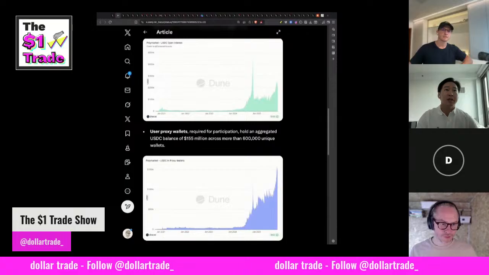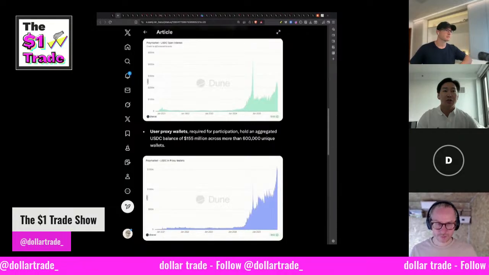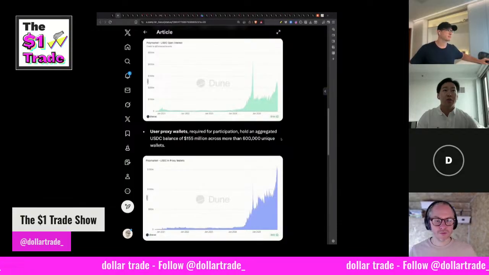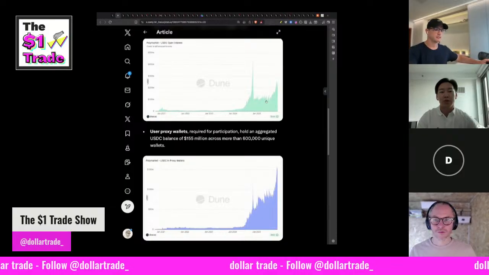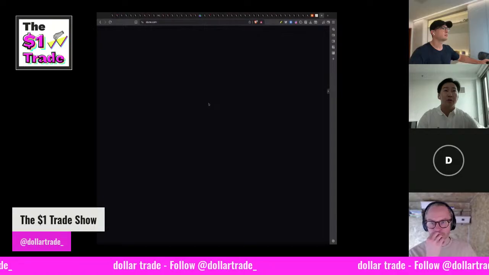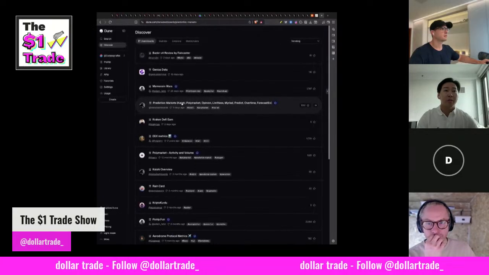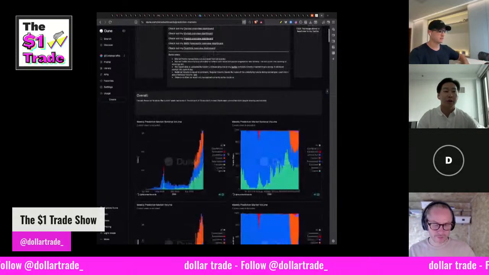This might be slightly outdated, and I think it's actually higher the last time I checked. As of November, when I wrote this during Devconnect, open interest was about 240 million, and the proxy wallets held about 155 million. So a total of about 400 million.